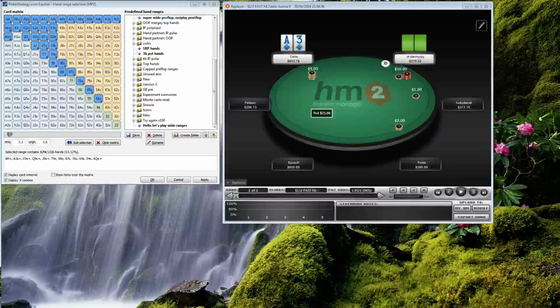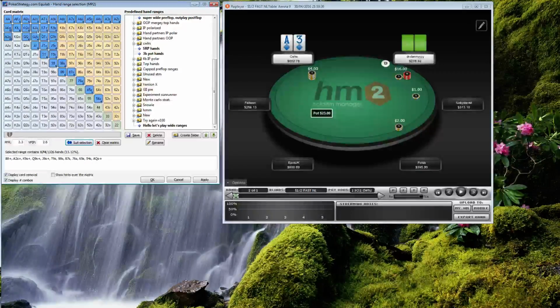So if they do call the 4-bet, they're going to be behind with a massive selection of hands, because they can't just defend the strong hands, as those are a very low percentage of the entire range. So they're not going to be able to defend. They either have to fold, which you win, or they call and they're dominated.